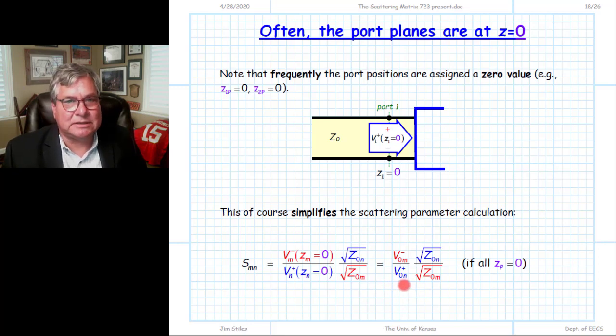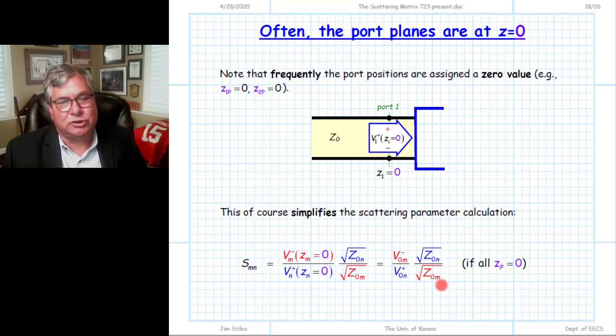And so oftentimes scattering parameters are defined simply as V0 minus and V0 plus. That is only true under the condition that the port planes are defined as 0. When they are not defined as 0, then this is not true. This is a very specific condition and can be used only for that specific condition.